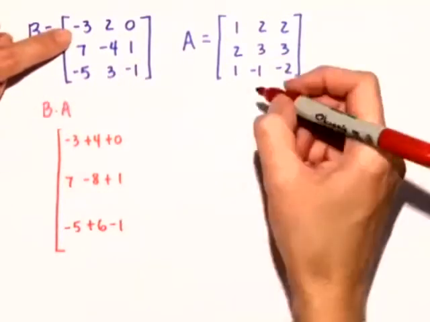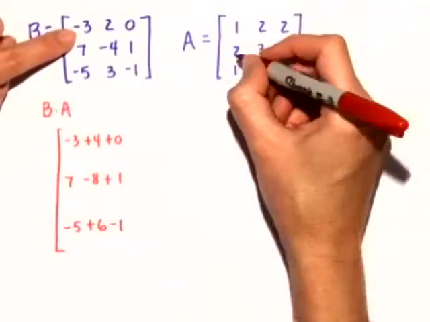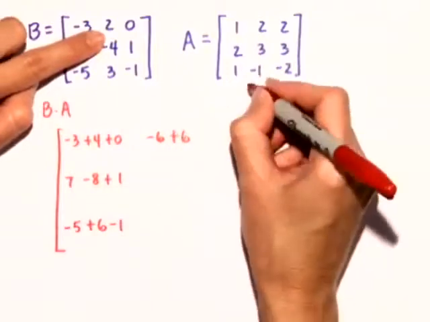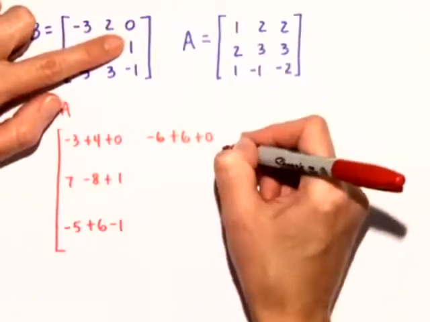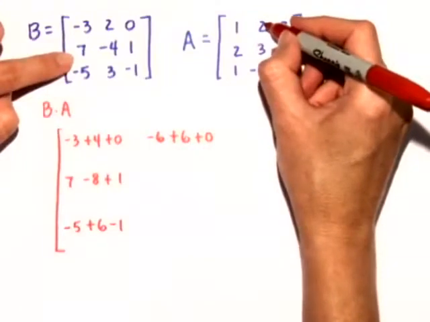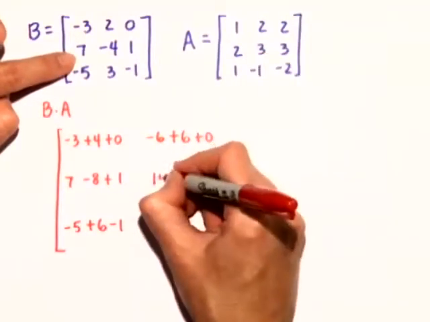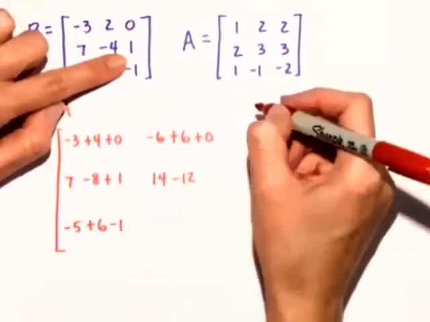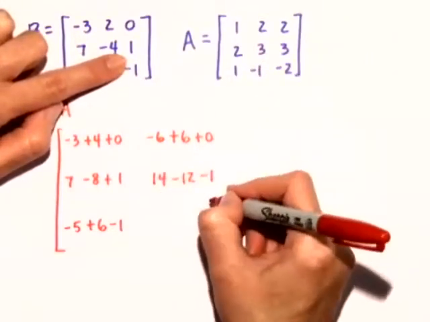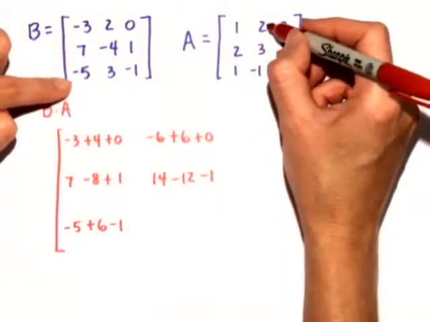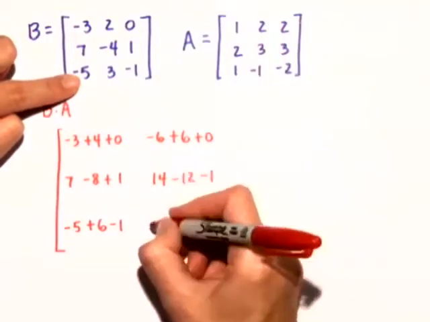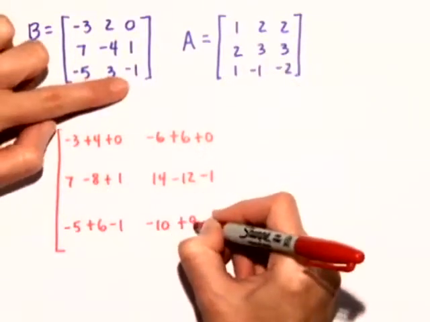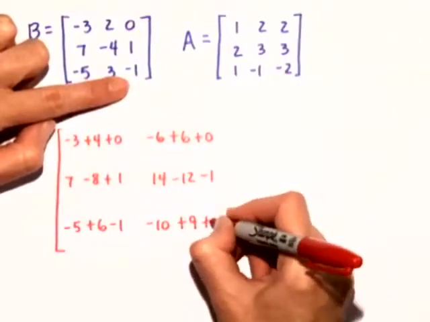Now we have row 1, column 2. Negative 3 times 2 is negative 6, plus 2 times 3 is 6, plus 0 times negative 1 is 0. Row 2, column 2. 7 times 2 is 14, plus negative 4 times 3 is minus 12, plus 1 times negative 1 is minus 1. Row 3, column 2. Negative 5 times 2 is negative 10, plus 3 times 3 is 9, plus negative 1 times negative 1 is 1.